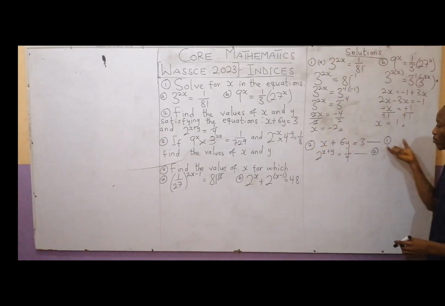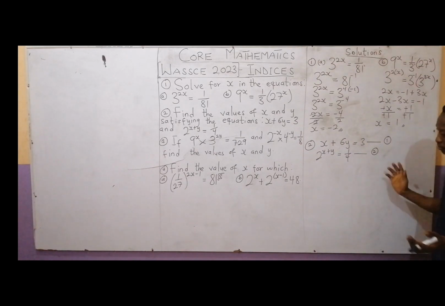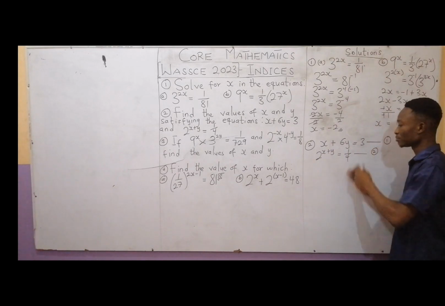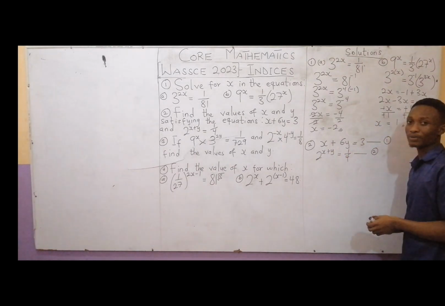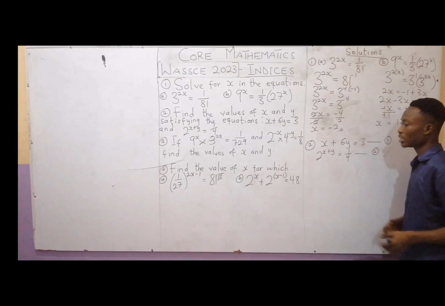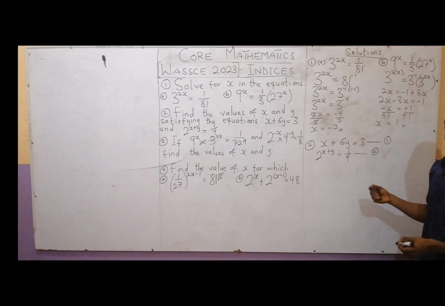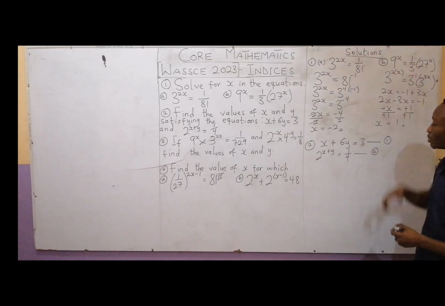Now, the one on top is made of numbers, since they are in indices, they are powers that have been already expressed. But with the second one, we have the base of 2 with powers x plus y, and we have 1 over 4 on the right. You can express this in the exponential form. Looking at this 1 over 4, we can express it by reciprocating it.